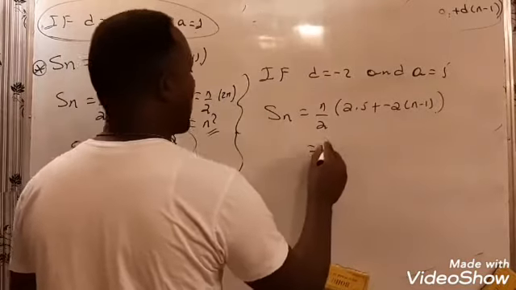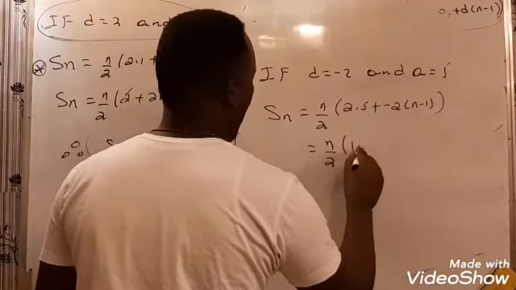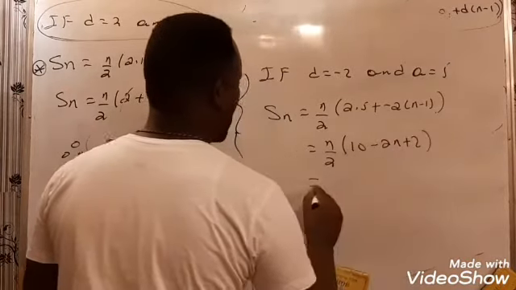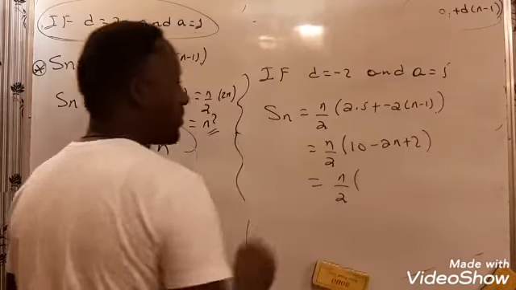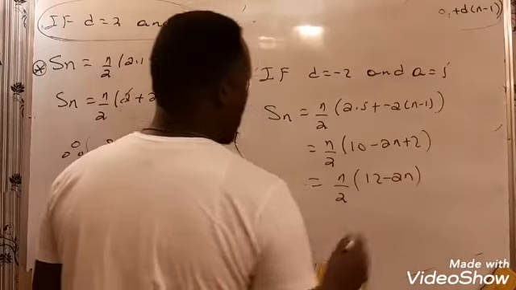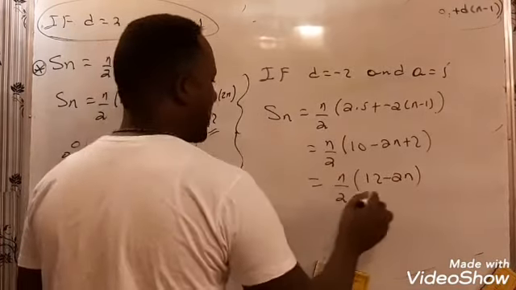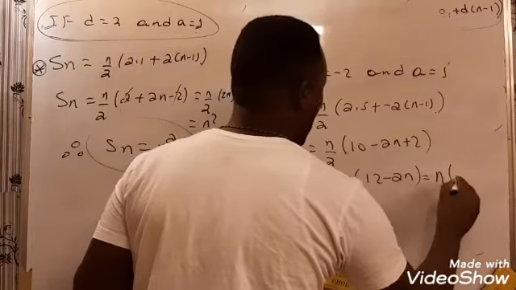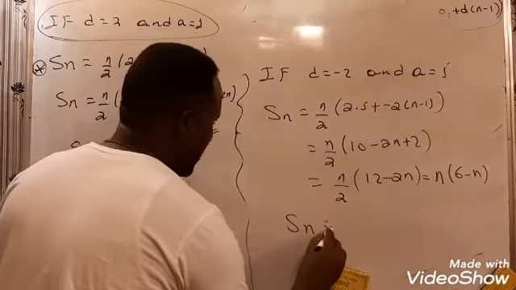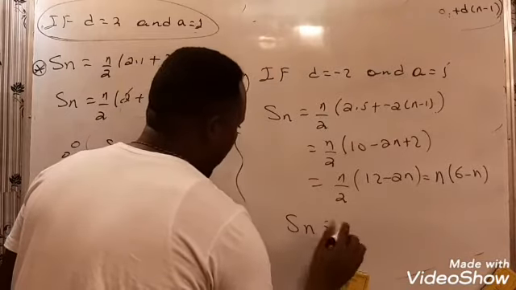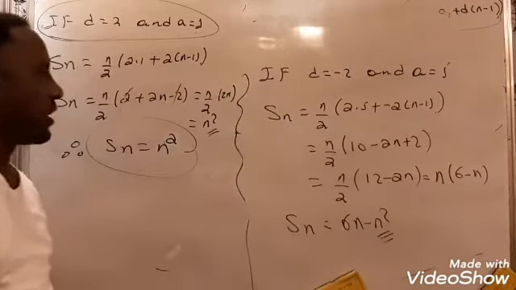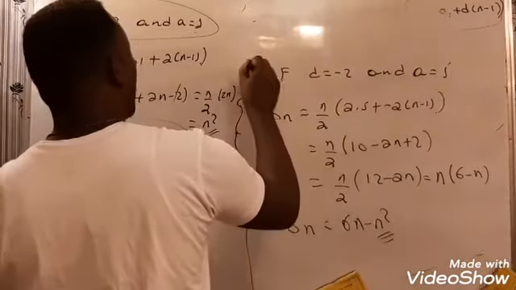So this is exactly n over 2 into 10 plus minus 2n plus 2, and this is finally n over 2 into 12 minus 2n. If you divide both sides by 2, n into 6 minus n, so finally Sn is exactly 6n minus n squared.